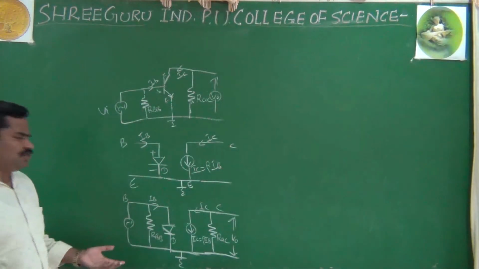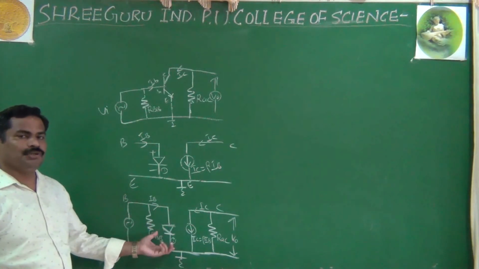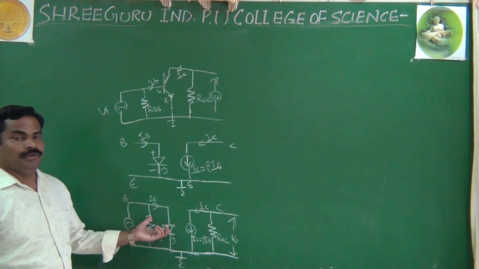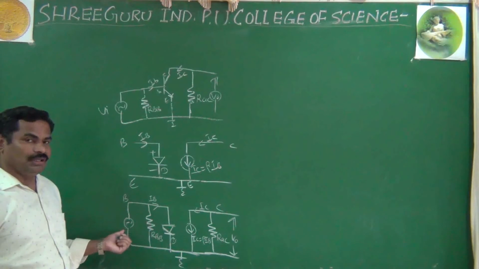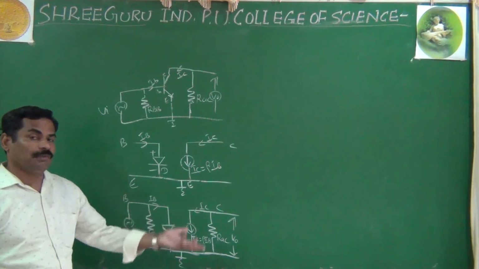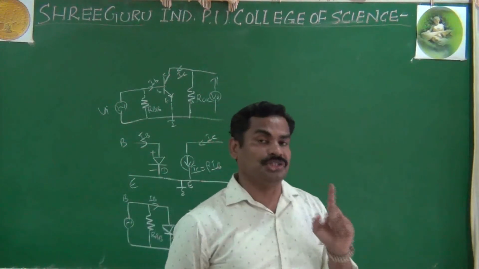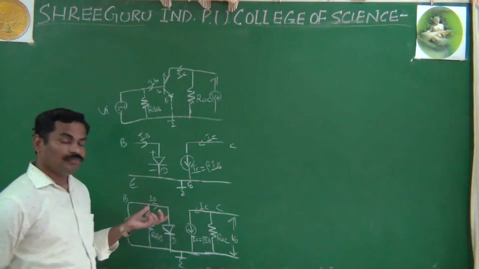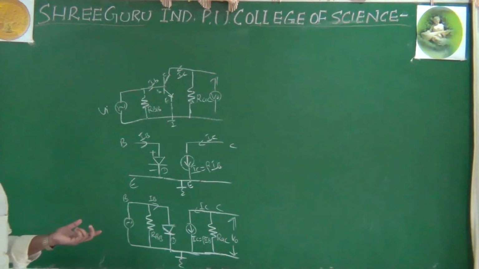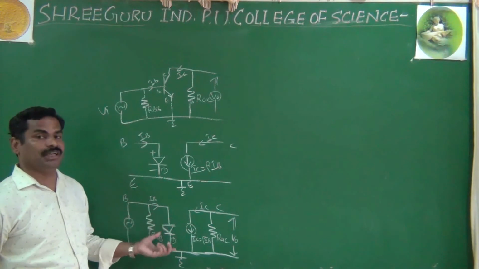We always know the main application of a diode is as a rectifier, which converts AC into DC. But for small AC signals, if you go for the AC equivalent circuit, the important thing is that this diode acts as a resistance. It does not act as a rectifier.